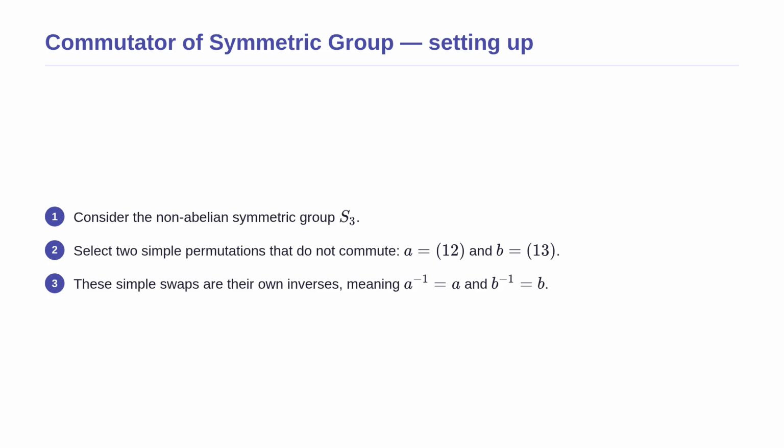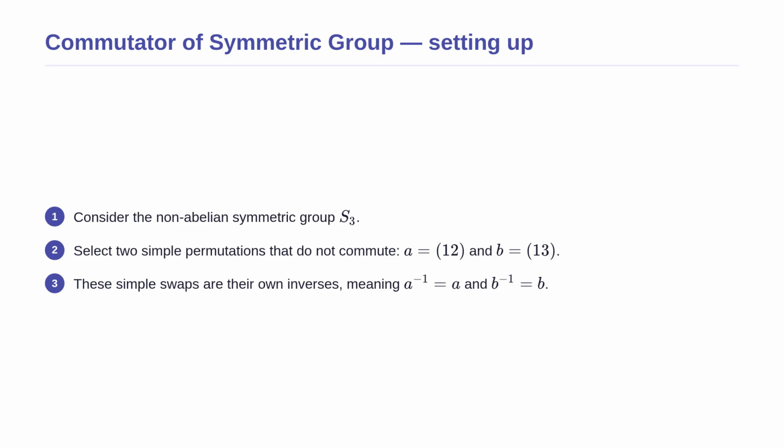Now that we have seen an abelian group, let us examine a non-abelian group, specifically the symmetric group on 3 letters, S3. This group represents all possible ways to shuffle 3 distinct objects. We will pick 2 specific elements that we know do not commute. The element A, which swaps the first and second objects, and the element B, which swaps the first and third.